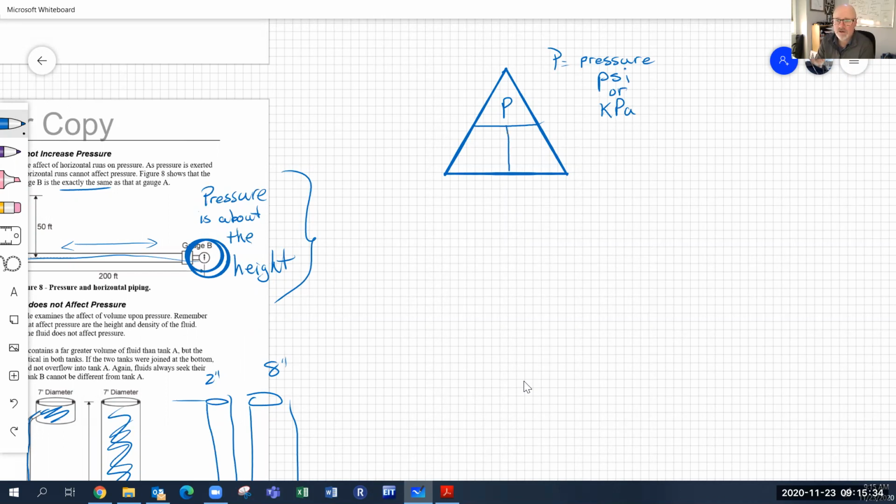And what we do is we take the H, where H is equal to the height of the fluid. So this is all about the height of the fluid, and we're talking about water. So we're talking about the height of the water.